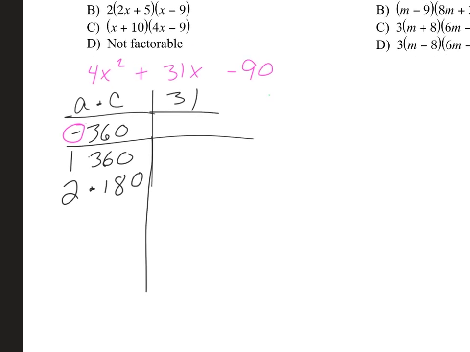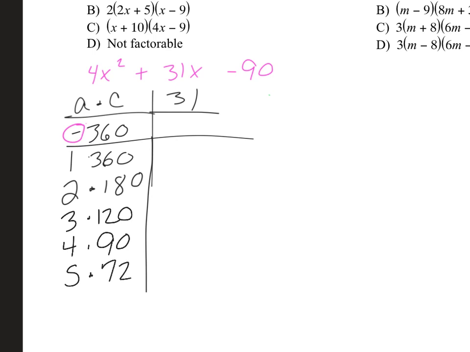Okay, so what's next? 3 and 120. Okay, get that to be 31. So what's next? 4 and 90. Okay. 5 and 72.